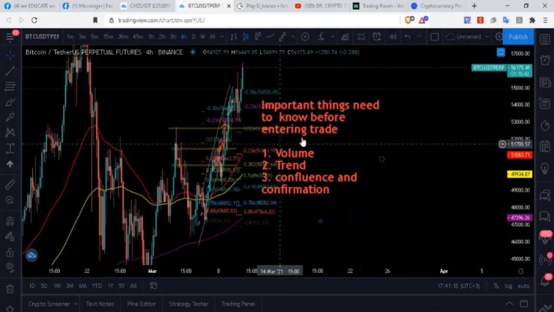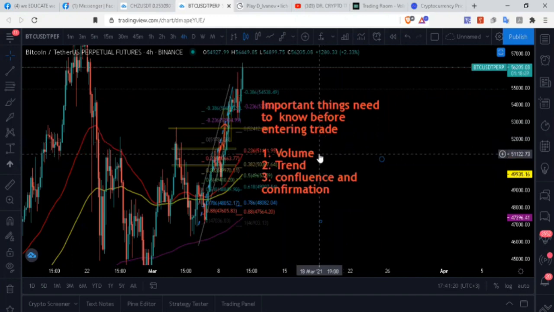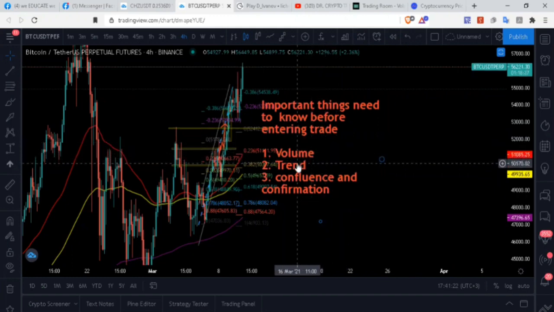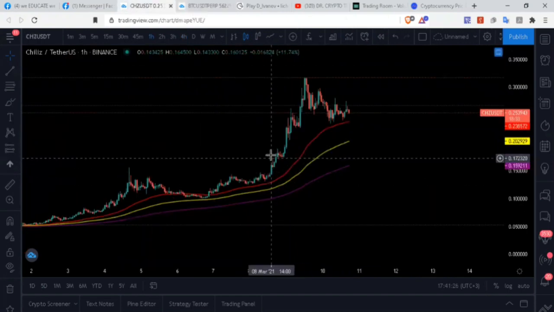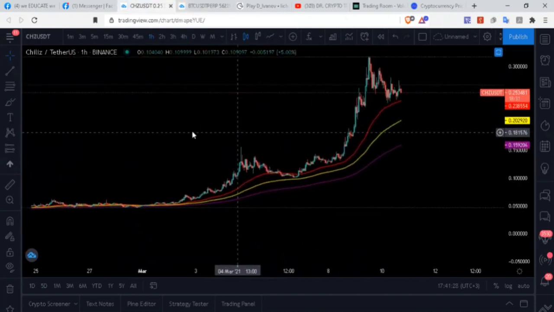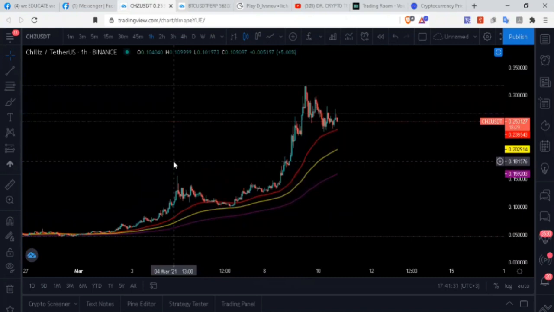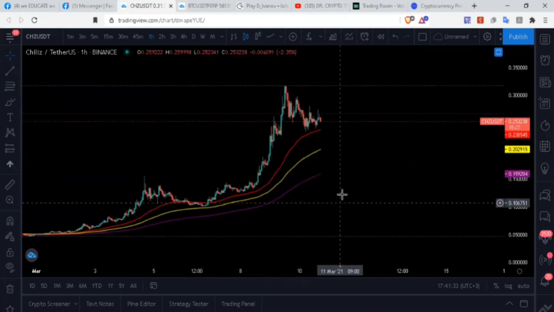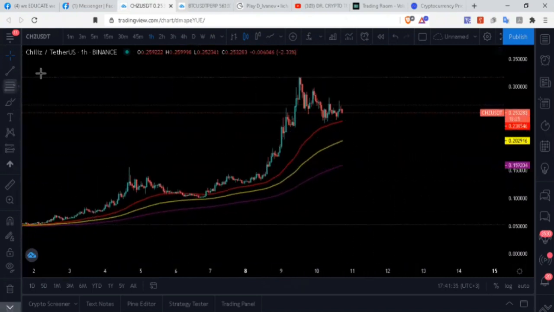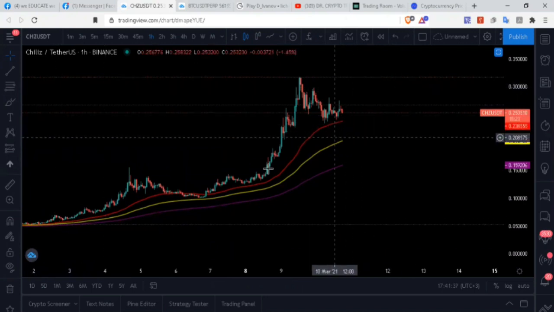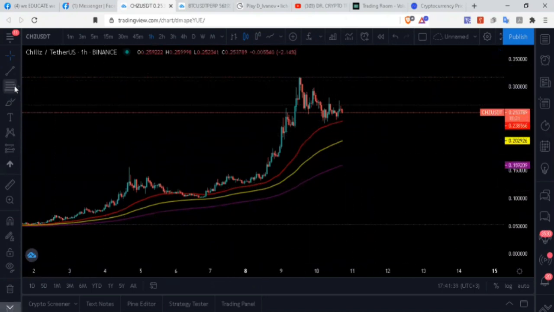Okay, our number one trade line is volume. Number two is trend. I'll check the trend of the Chiliz. So the trend is uptrend and trending, right?